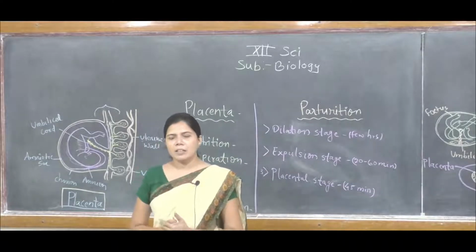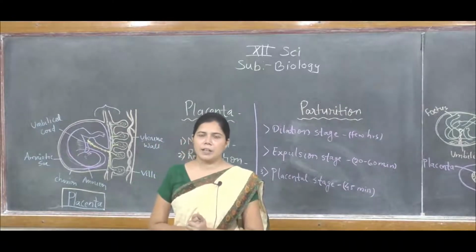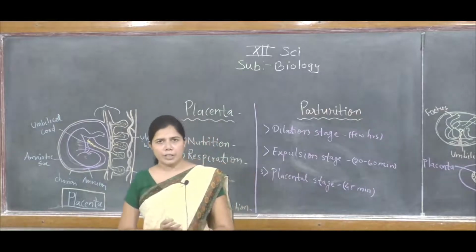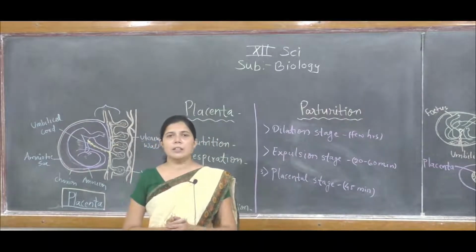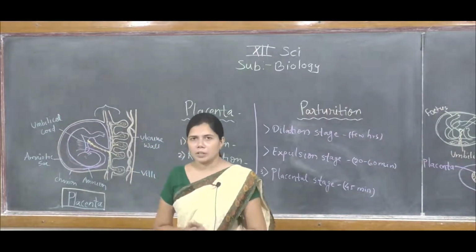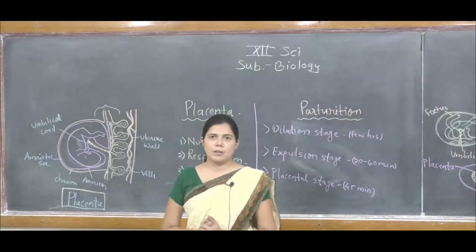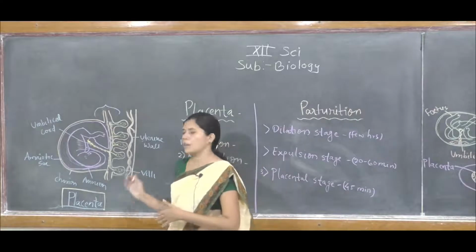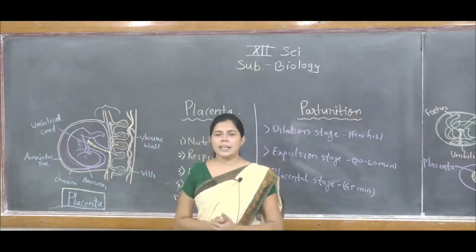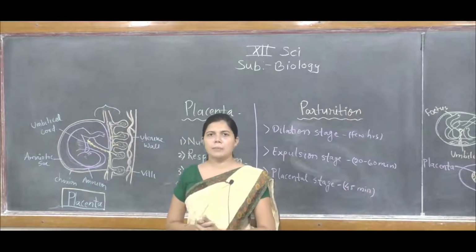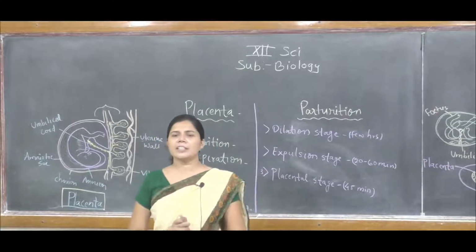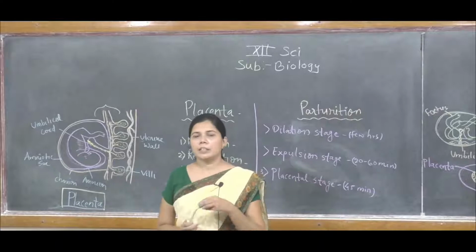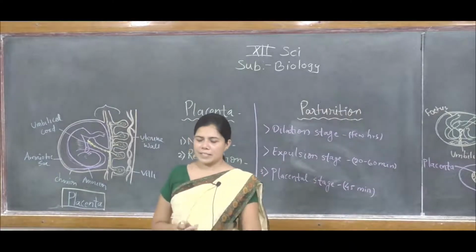The placenta facilitates the supply of oxygen and nutrients to the fetus, as well as the removal of excretory products. Carbon dioxide from the fetus moves back towards the placenta and is indirectly excreted by the mother, carried out through the placenta.